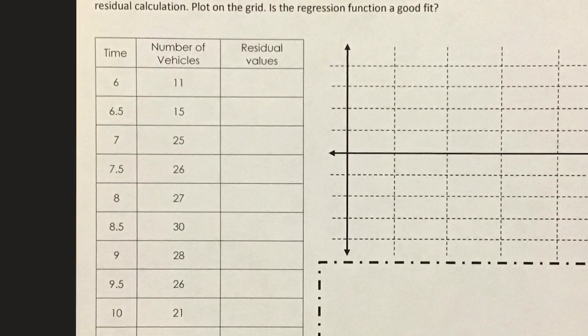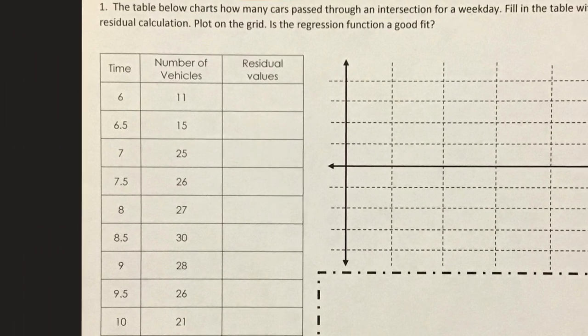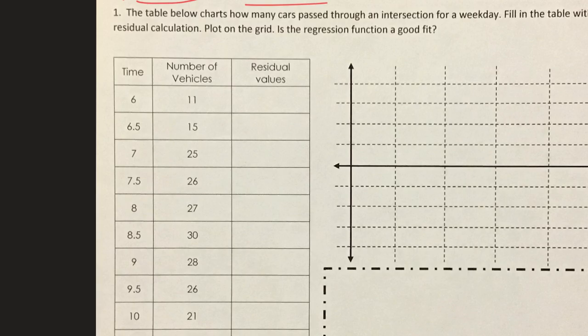Okay, so we're going to first start by doing our regression lines, and we're going to do a cubic regression line for this. Now it might help if you start at time 0. So if you're going to plug this into your calculator, you can make that time 0 and this time 1.